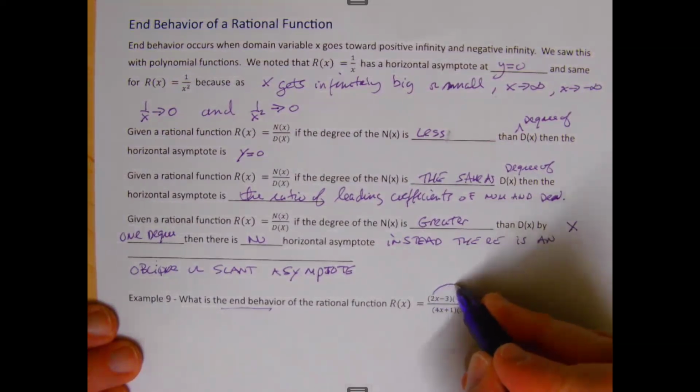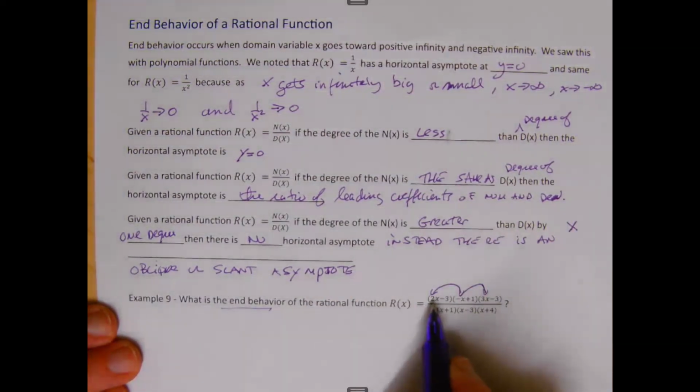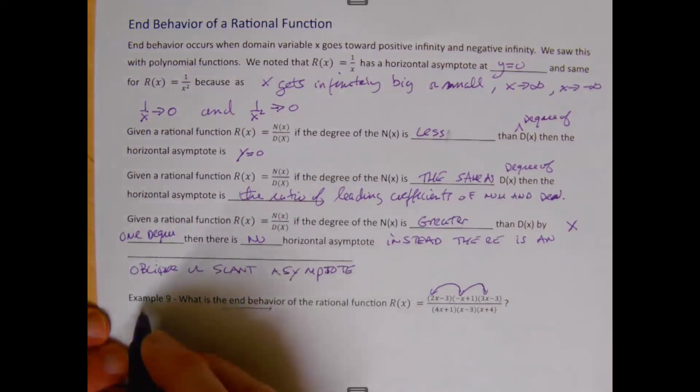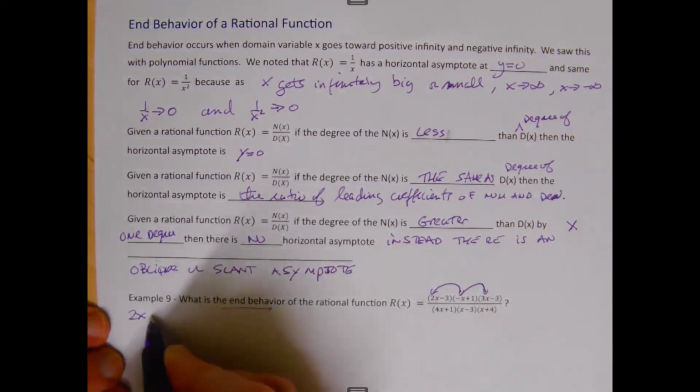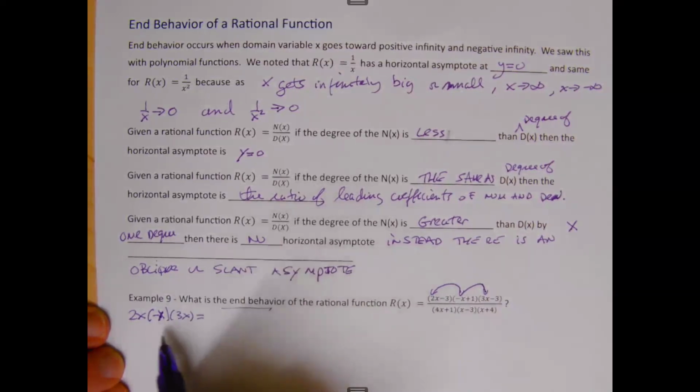That'll take a while. So I'm going to figure out where the variables are. So the highest term will come from the first times the first times the first. So in other words, multiply all these with the variables in it, and I get 2x times negative x times 3x, and what do I get?